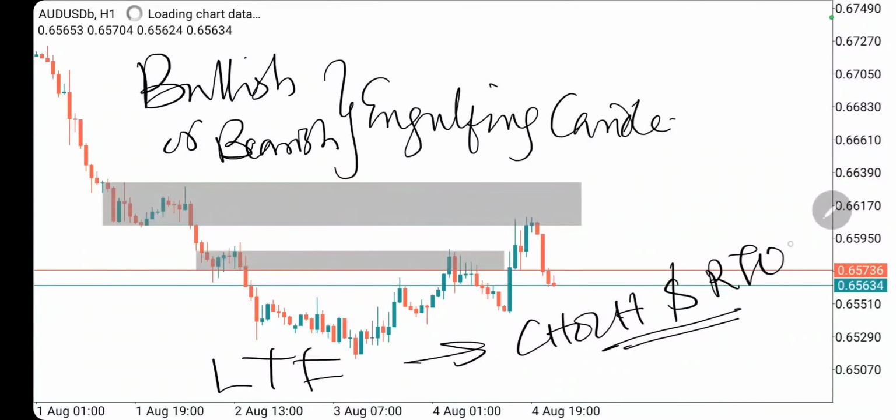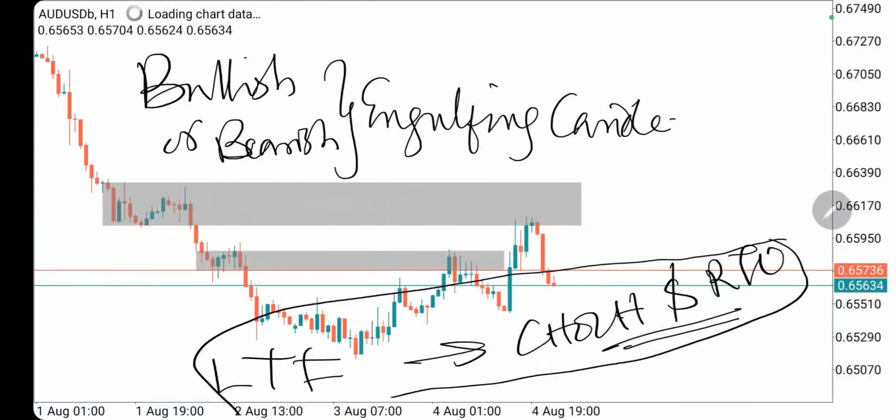But if you don't want to strain your eyes going to a lower time frame, you can get entry confirmation on the higher time frame while trading supply and demand zones. And how do you do that? You look for what is called the bullish or bearish engulfing candle at the supply or demand zone. Are you with me?